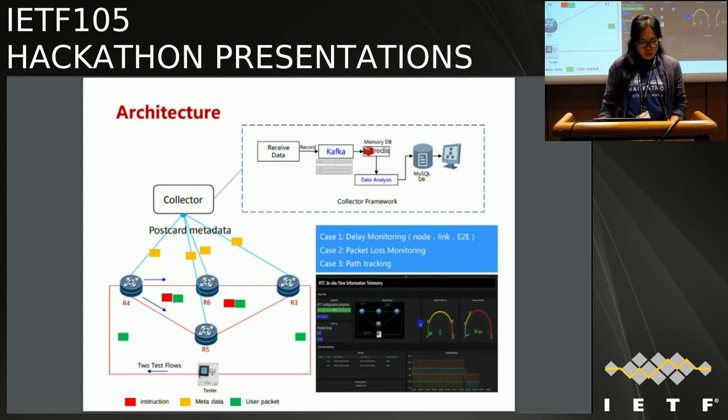Router 4 is the ingress node to encapsulate the IFIT header, and router 3 is the egress node, and router 6 and router 5 are the transit nodes. The yellow one is the metadata. It's sent to the collector.